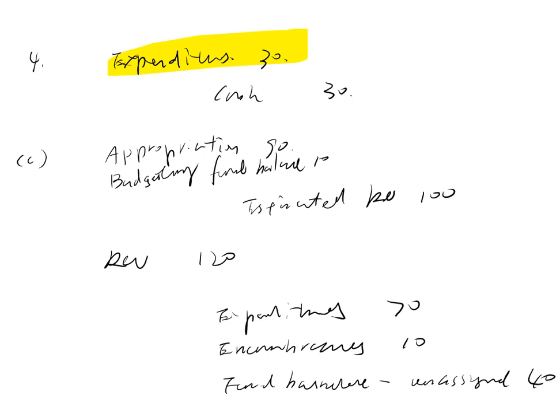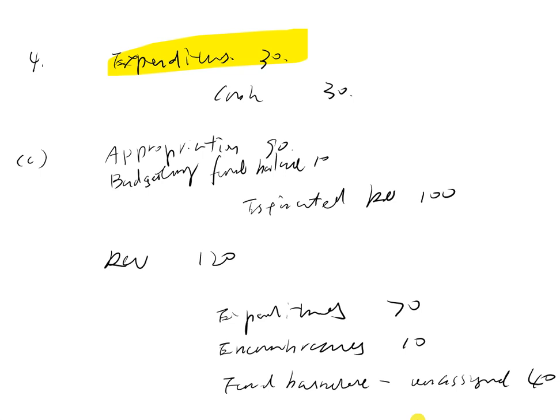Now, so far, all the revenues accounts have been closed, no balance. Expenditures closed, no balance, right? Encumbrances closed, no balance. So what we still have balance in is cash, right? We still have the cash balance. We have this fund balance unassigned, right?